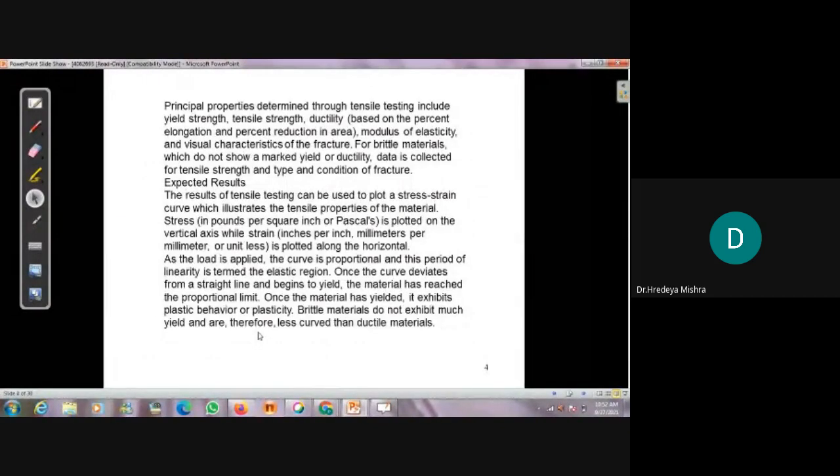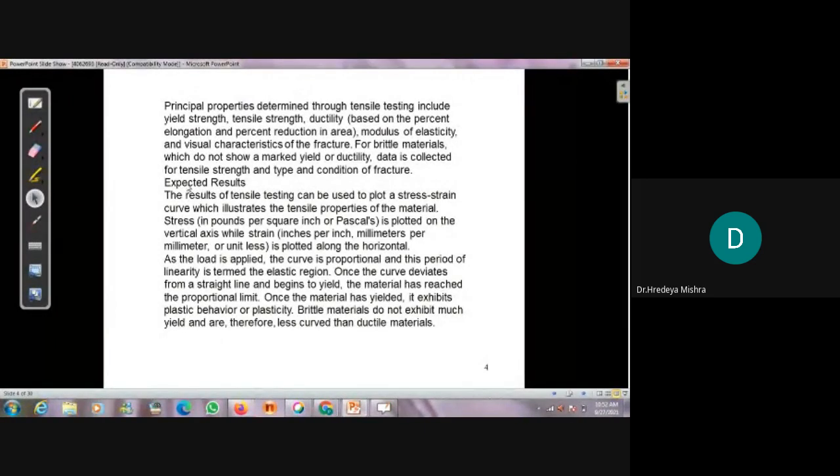Now, principal properties determined through the tensile testing include the yield strength, tensile strength, ductility based on the percentage elongation and percentage reduction in area, modulus of elasticity, and visible characteristics of the fracture for brittle materials, which do not show a marked yield or ductility.